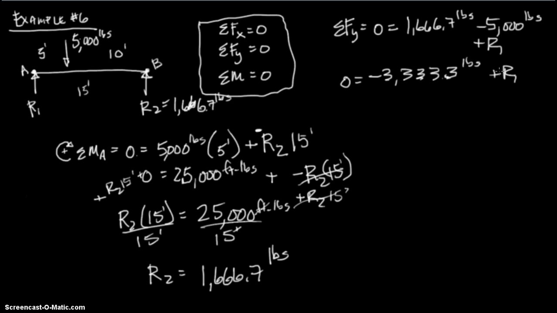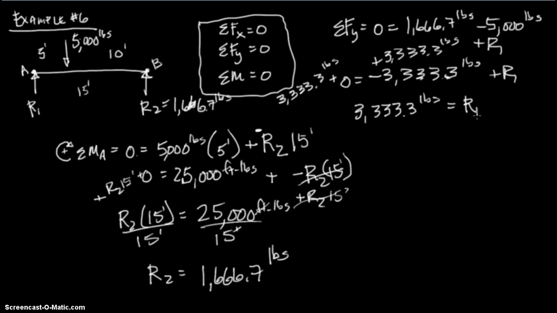And to isolate your R1, you want to add 3,333.3 pounds to each side. And you get R1 equals 3,333.3 pounds. And I'm checking, and that is correct.